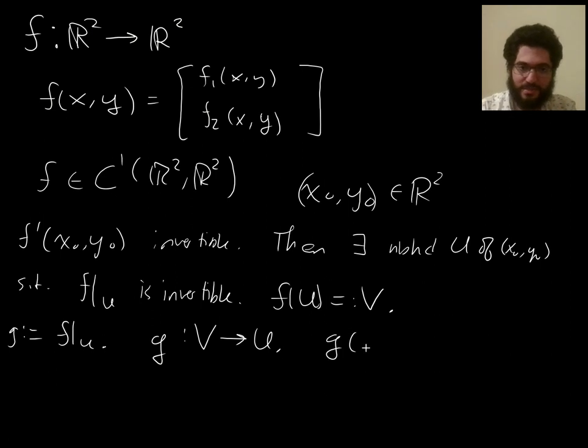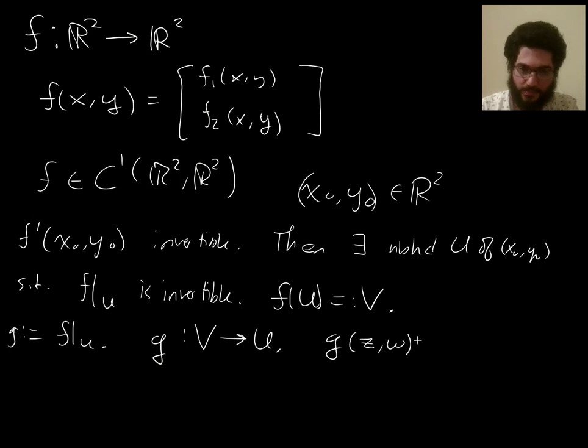So let me not call the inputs to g x and y, let me call them u and v. Or that's not so good since I have capital U and capital V. Maybe I'll call them a and b. That's also not so good since a is used for something else in the inverse function theorem. How about z and w?